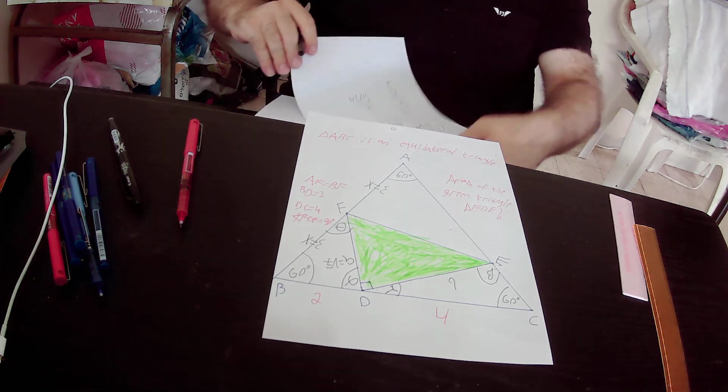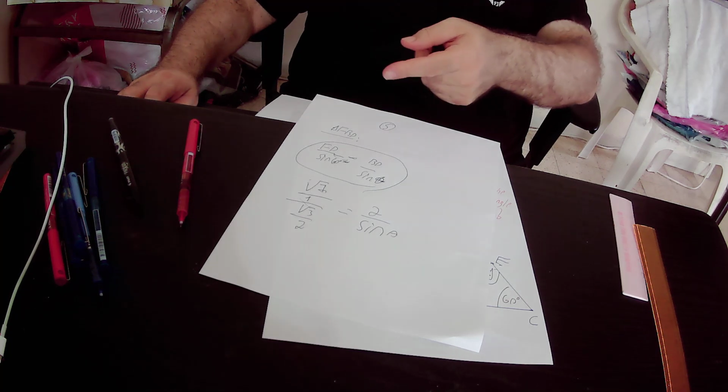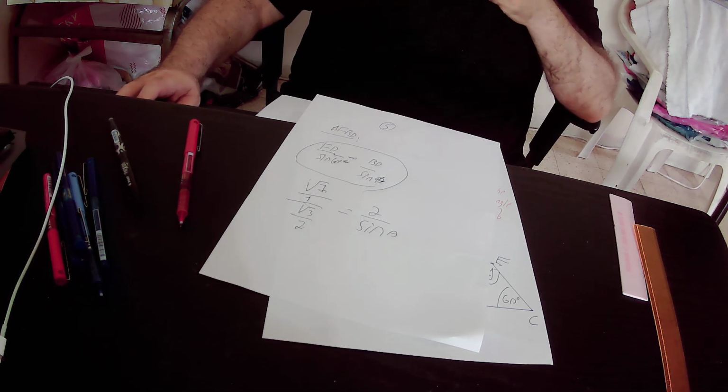So in total we got that root 7 over root 3 over 2 equals 2 over sine theta.